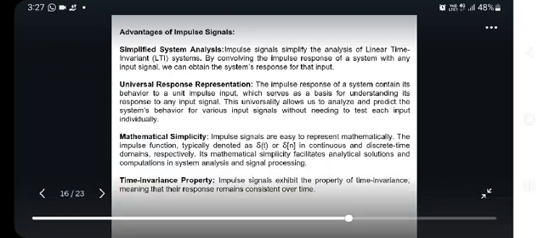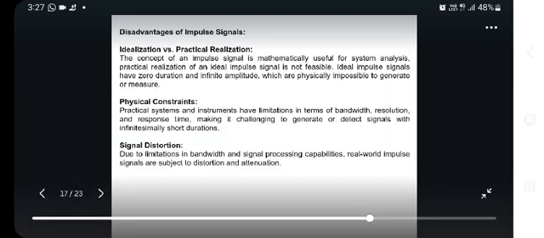Its mathematical simplicity facilitates analytical solutions and computations in system analysis and signal processing. Time invariance property: the impulse signal exhibits the property of time invariance, meaning that its response remains constant over time.